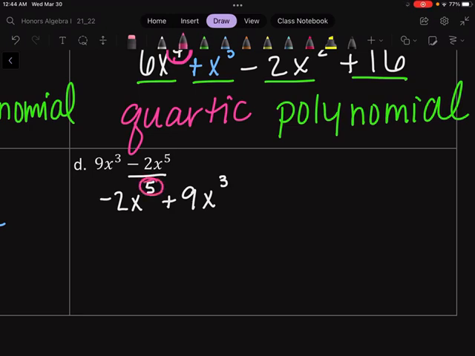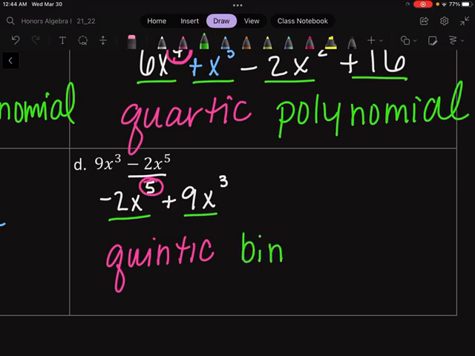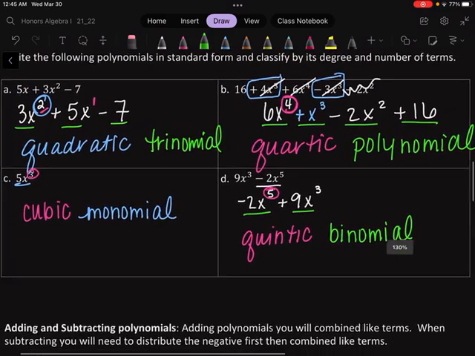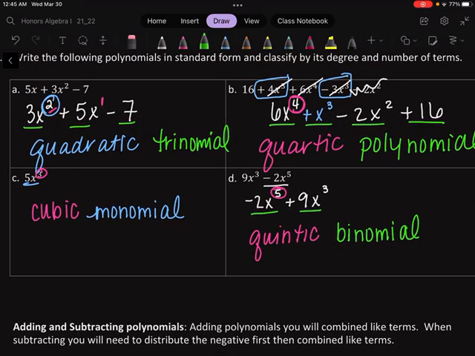That makes this a quintic. And then I have 1, 2 terms, so it's a quintic binomial. Yes? Quartic and quintic don't come up very often, but quadratic and cubic for sure. And linear. We've seen linear already all throughout this year.